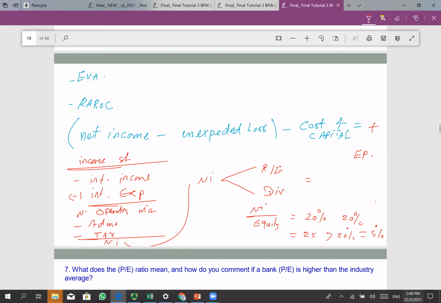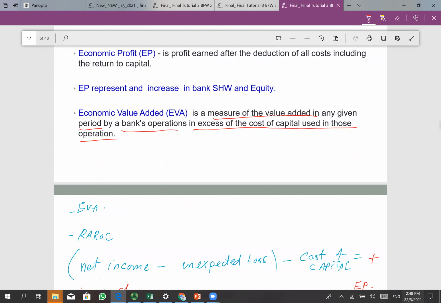Now, you don't have to go to this calculation. All I want you to know is that the economic profit is the net income minus unexpected losses minus the cost of capital.